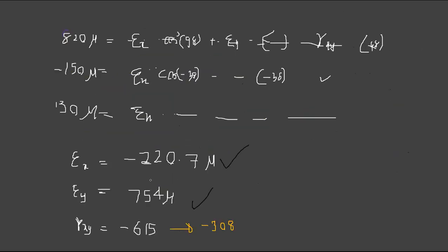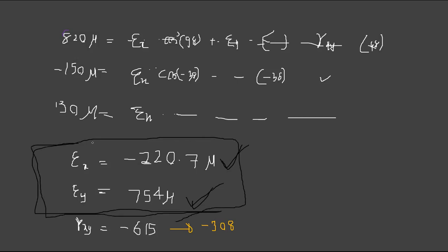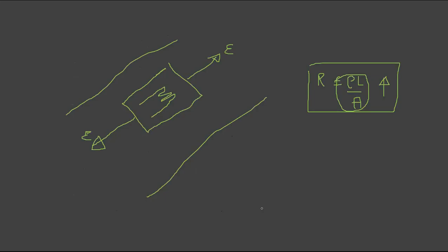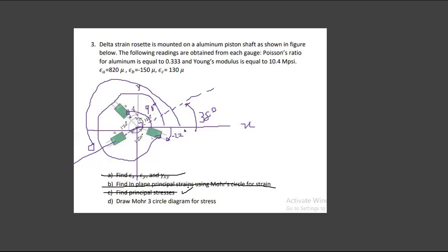Even from this stage you can find the out of plane strain. So these are the in plane principal strains. Sorry, I should call it the out of plane principal strain, not out of plane stress. We found the Mohr circle, and from that we obtained the in plane principal strains.